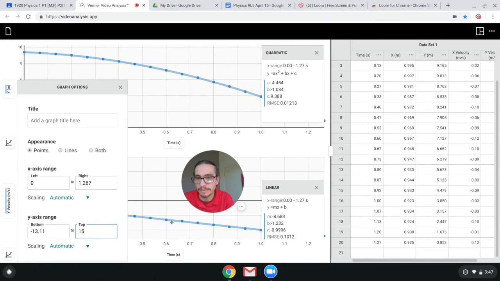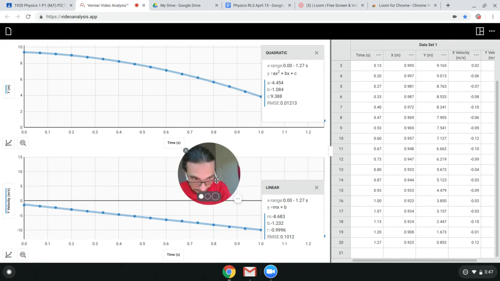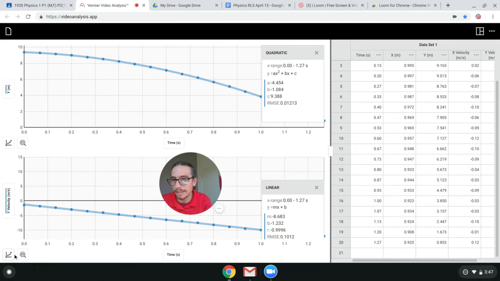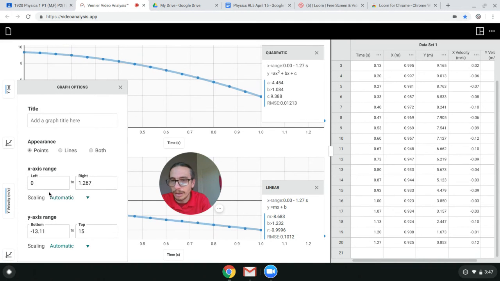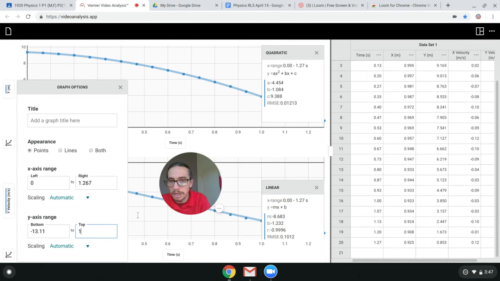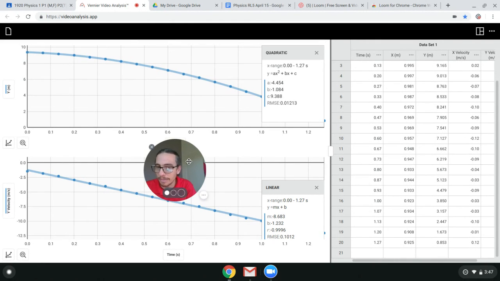Or maybe 5. Now I can see that line there. There it is. Yeah, maybe 5 is too much because it seems like my data got squished. So I'm going to choose something like 1, so I can see that data. Yeah, now my data takes up most of the graph.